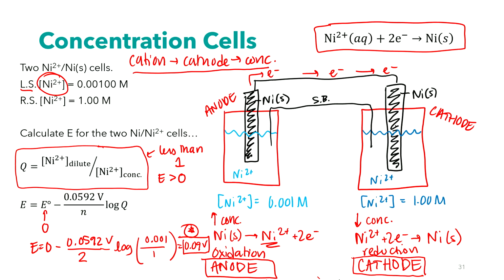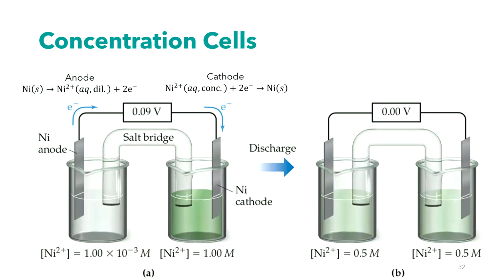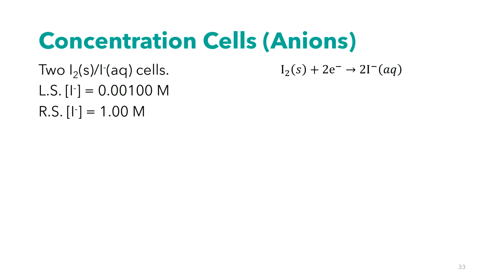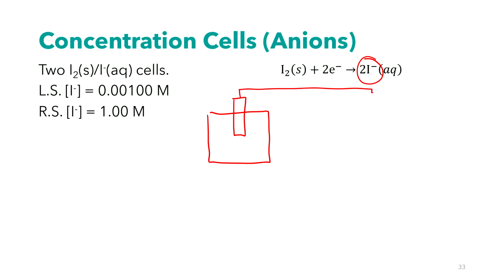So I want to make this point. I'm going to use my last 3 minutes, and we're going to do this process again, but now I am tracking the concentration of an anion. But I have the same exact setup. On the left side, I have the dilute solution. And on the right side, I have the concentrated solution.